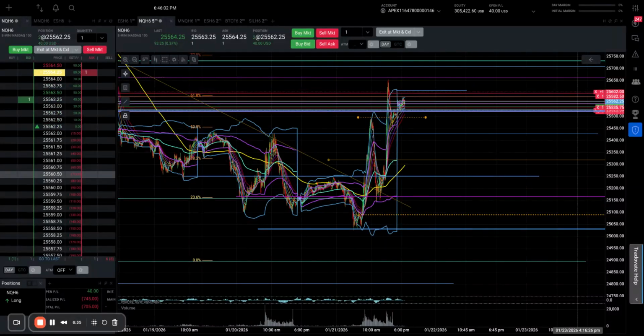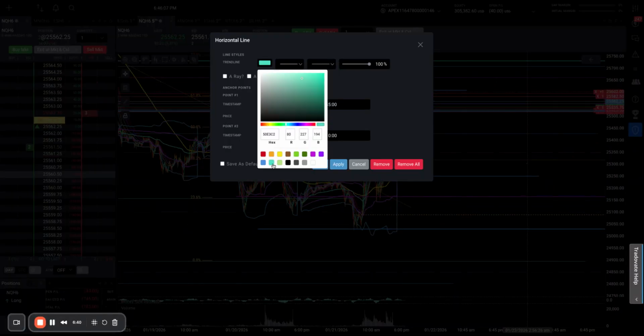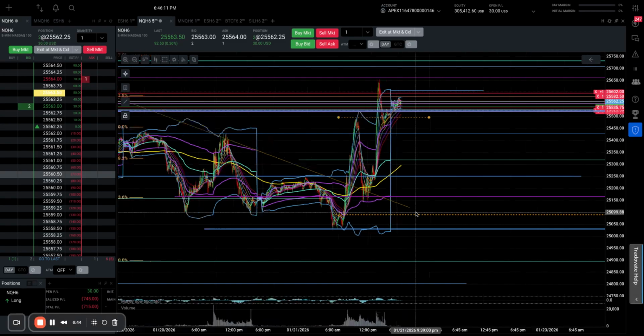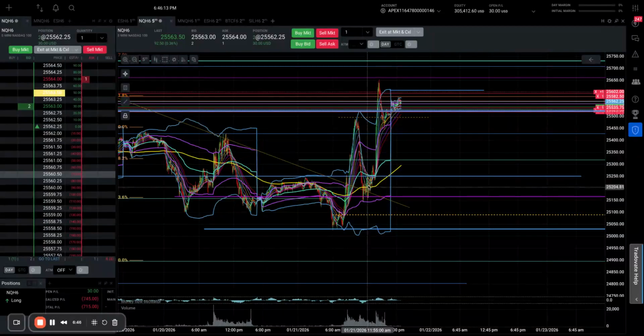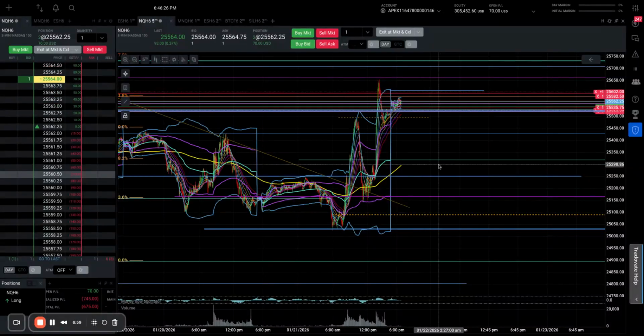So that's why I put these lines here, because I know if price is coming down to this line for the first time after we make this move, then this could potentially be a spot to take profit on one contract if I'm carrying multiple, coming down, and then maybe re-get another one back up here and see if I can ride it back down here like that.